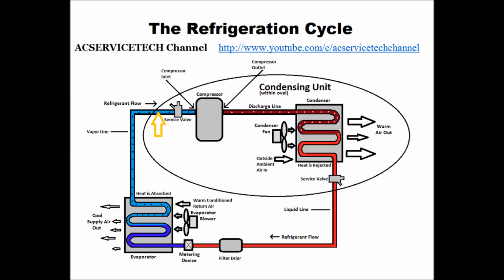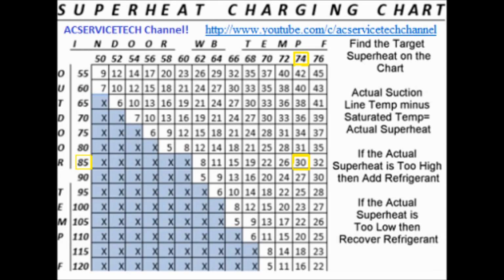All right, so depending on the day, with the temperature outside and the wet bulb temperature inside, on one day it could be a very high target superheat that we have to set the refrigerant charge to. On another day that's cooler outside and cooler inside, and there's less humidity inside the building, then the target superheat that you're setting it at would end up being lower.